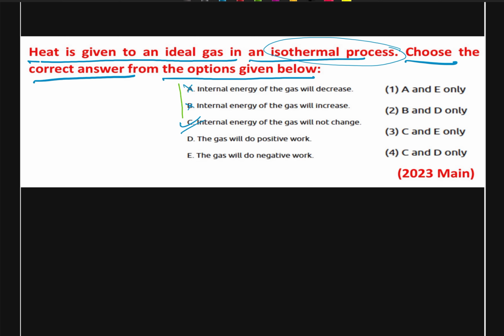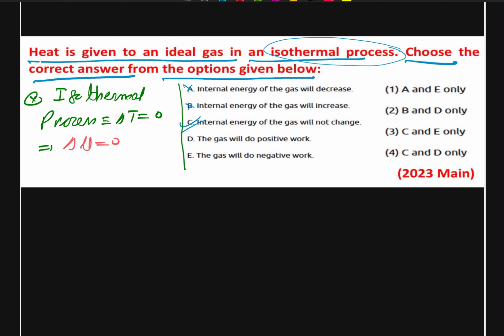So we can say that for an isothermal process, we know that our change in temperature is equal to 0. Therefore, change in internal energy is equal to 0.